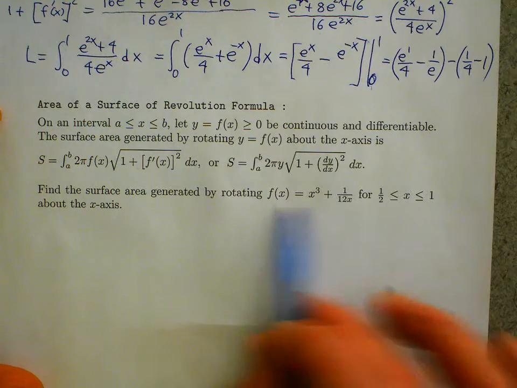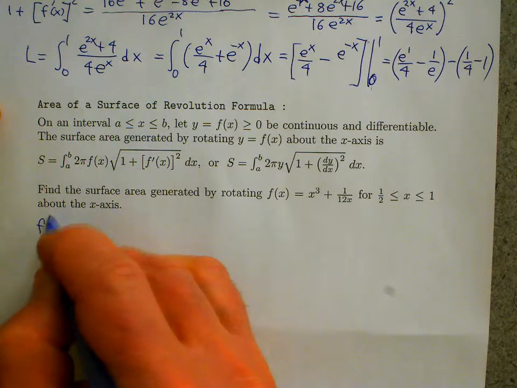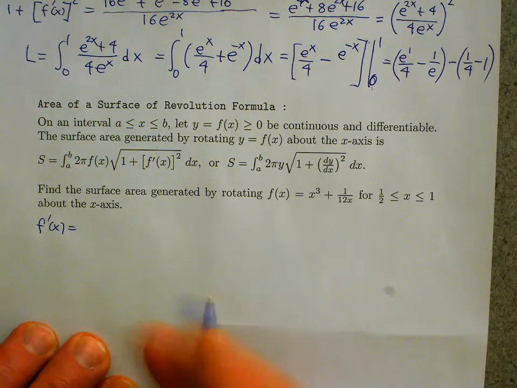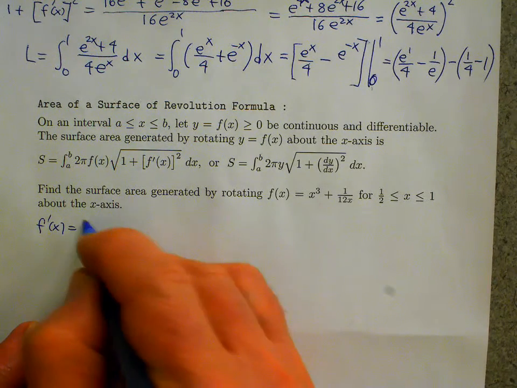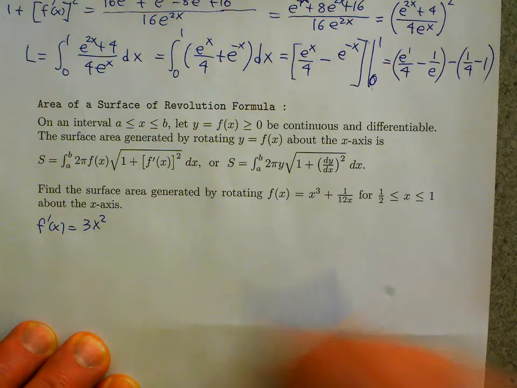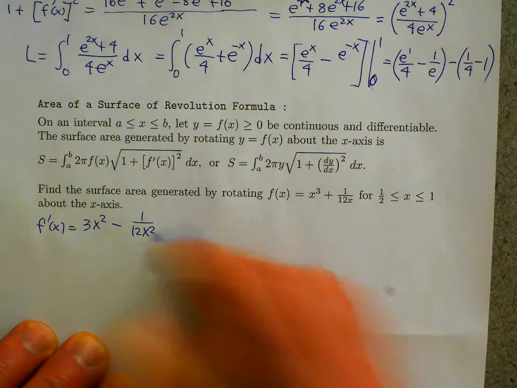So we'll just take it a few steps. We need to know what f prime of x is. So f prime of x is 3x to the second minus 1 over 12x to the second.